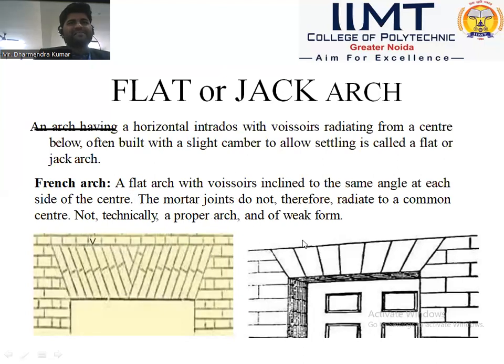A flat arch has voussoirs inclined at the same angle on each side of the center. The mortar joints do not therefore radiate to a common center, so it is not technically a proper arch in form. So this is all about the flat or jack arch.